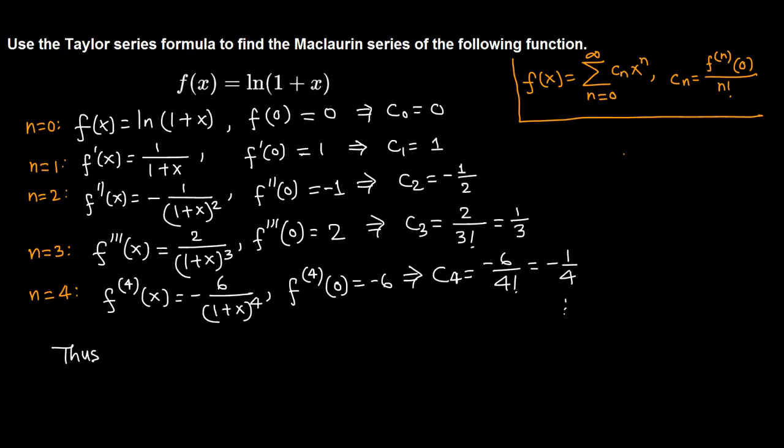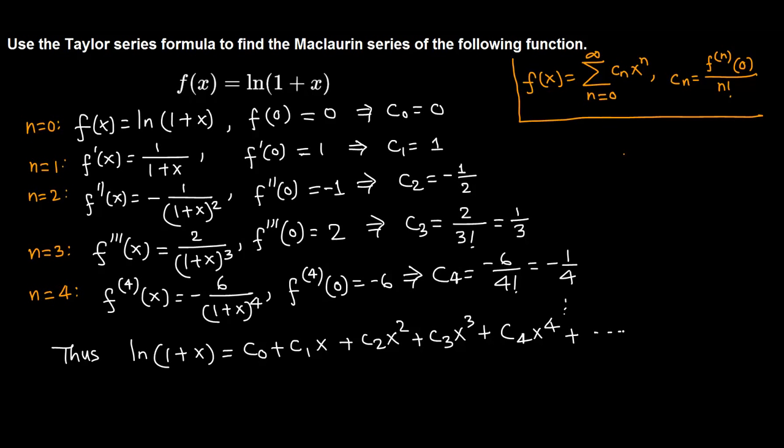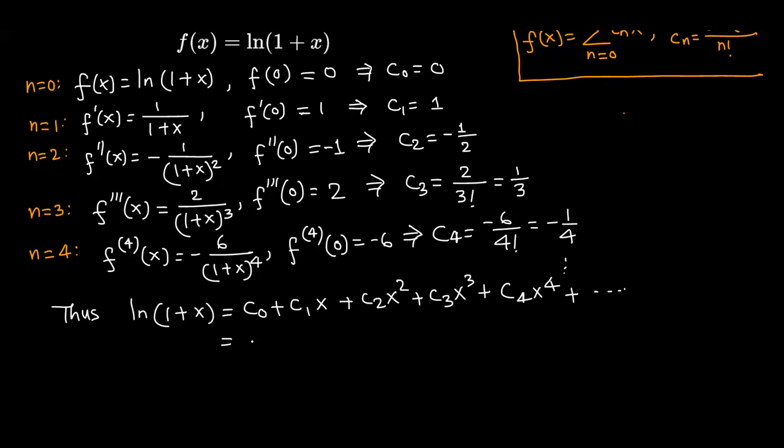So thus we can write the power series now. Natural log of 1 plus x is, if we expand this, then we would get c naught first plus c1x plus c2x squared plus c3x cubed, c4 x fourth, and etc., which is in our case c0 is 0, c1 is 1, so just 1x, c2 is negative 1/2 x squared plus c3 is 1 over 3 x cubed, c4 is negative 1/4 x fourth.